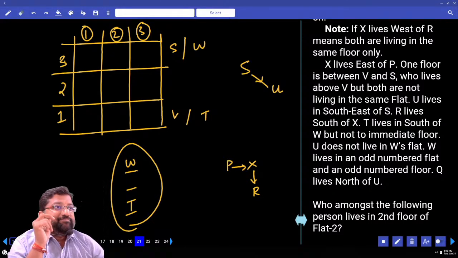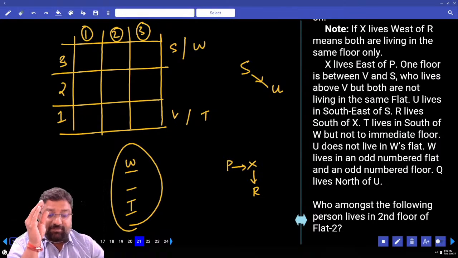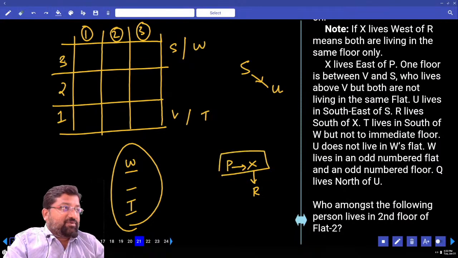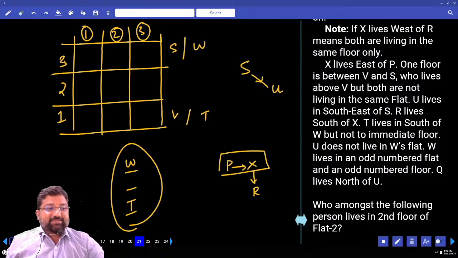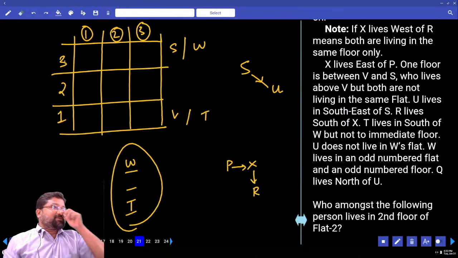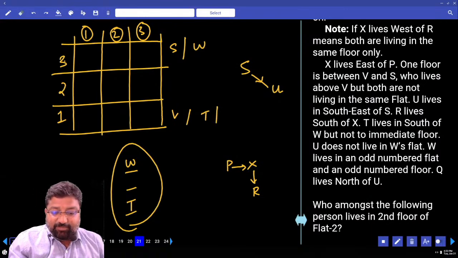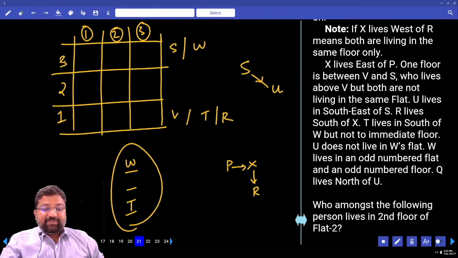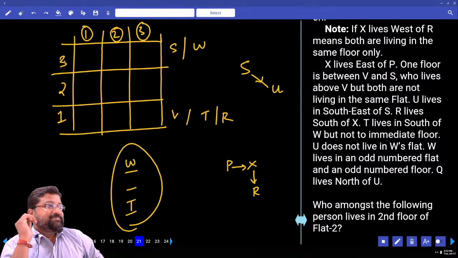Now, what about P and X? Both of them live on the same floor. Can I take P and X on the third floor? No. Can I take P and X on the first floor? No. So P and X have to be on the second floor. If P and X are on the second floor, R is here. So V, T, R are covered.